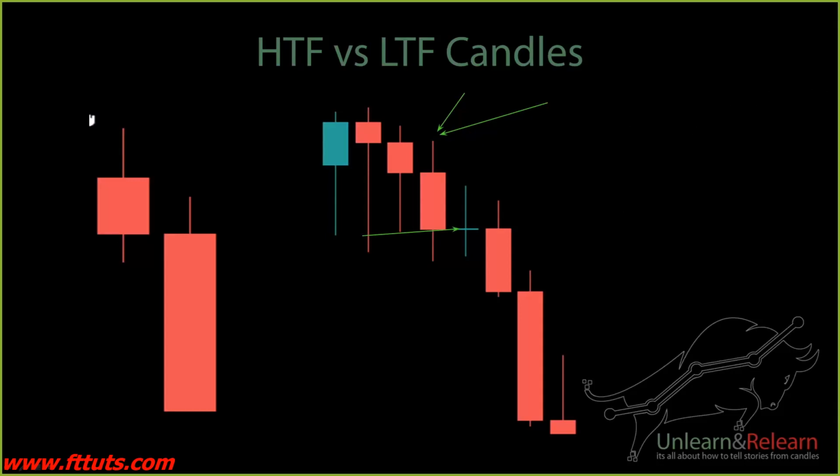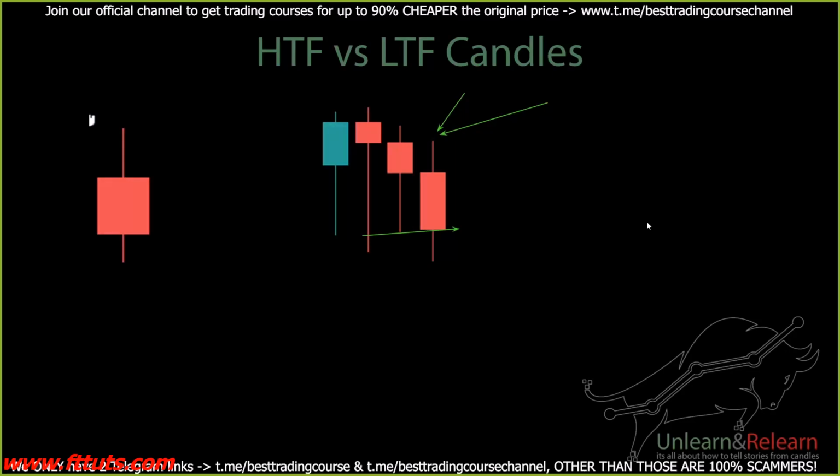So before this 4 hour candle formed, you're creating a bias to say, okay, my bias is bearish because the 4 hour is bearish here. If my bias is bearish and if I want to take a sell, I want my stop to be above the 4 hour candle, and I anticipate the next 4 hour candle to continue moving bearish.